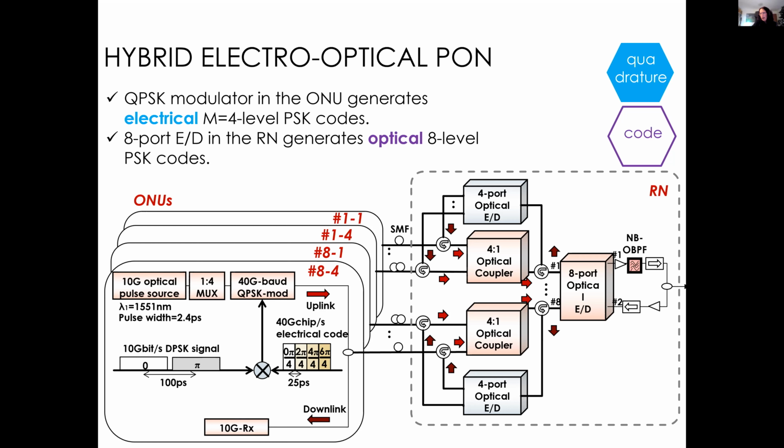So you can have them together. It can be a coherent transmission. You can use code and coherent transmission as well, because on each code you can transmit a symbol that can have any amplitude and phase.